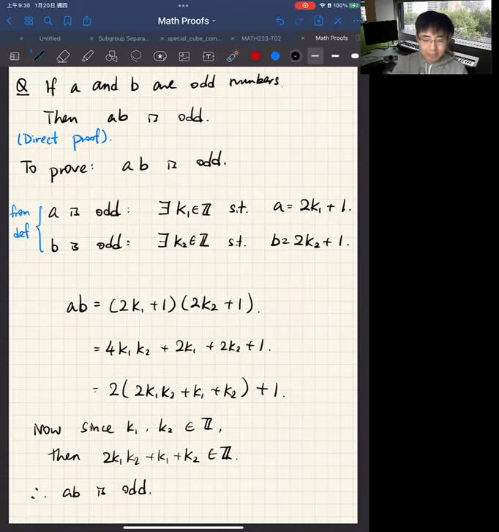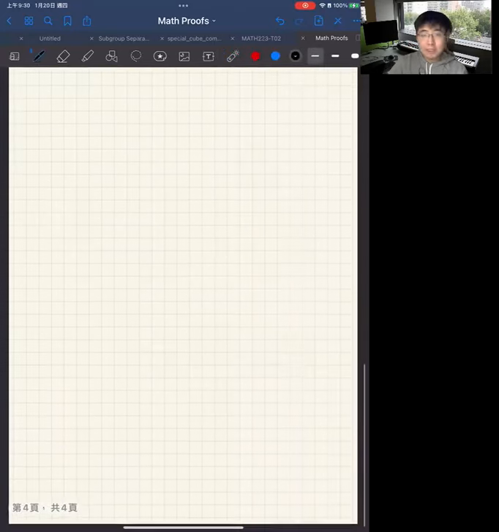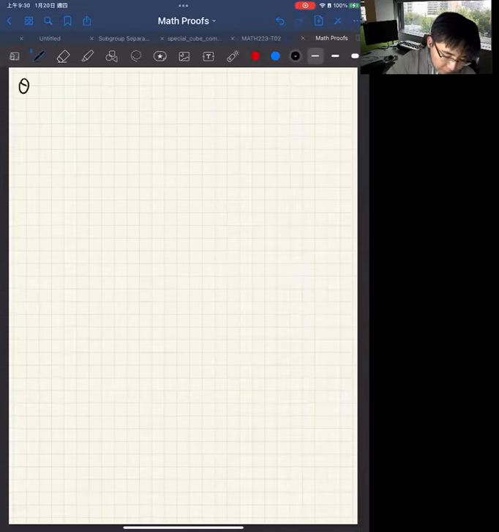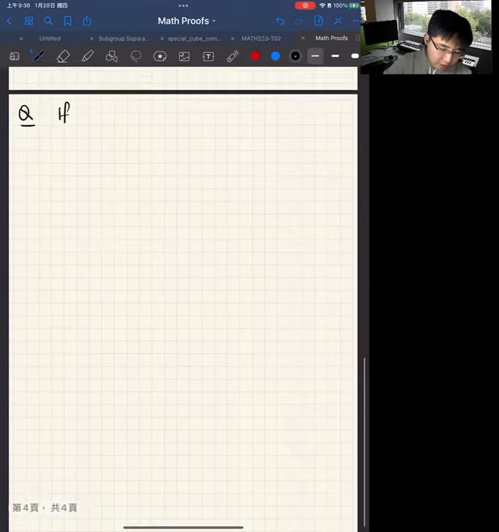So let's do another example. This time we are going to focus on proof by contradiction. Okay, I would just say to prove that, I didn't even say prove that.